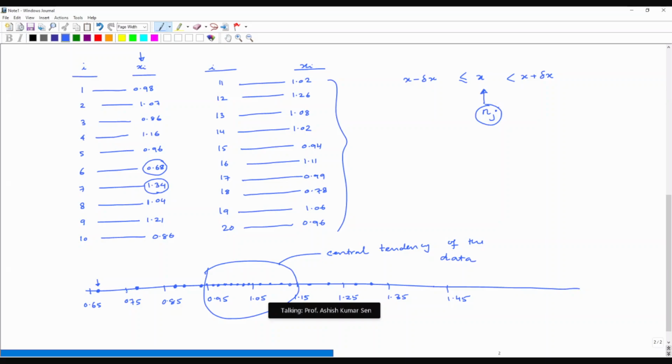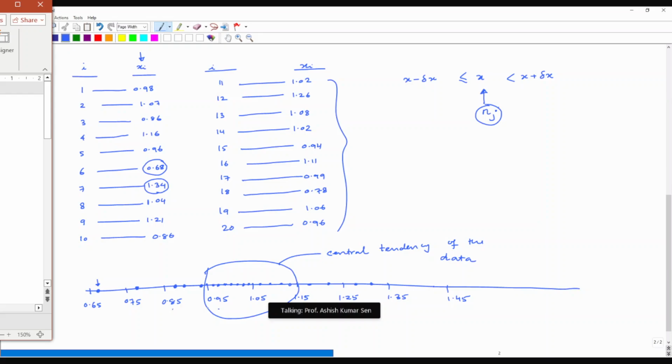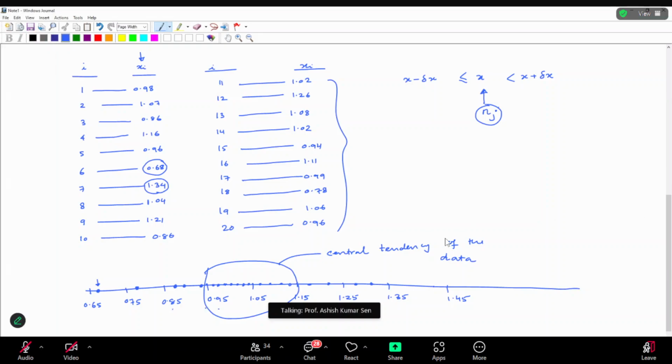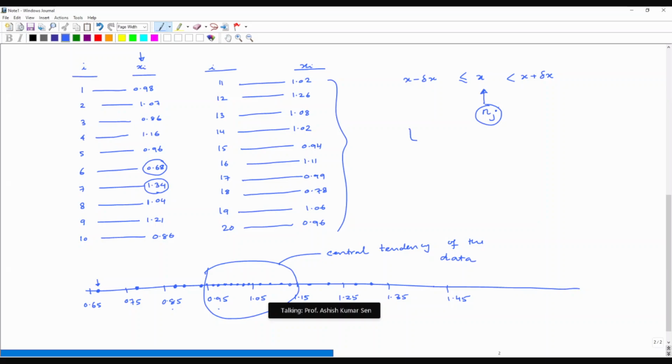Similarly, for 0.75 to 0.85, I have only one data point. But for 0.85 to 0.95, I have three data points, so Nj will be 3. This way of representing data is known as a histogram, right?